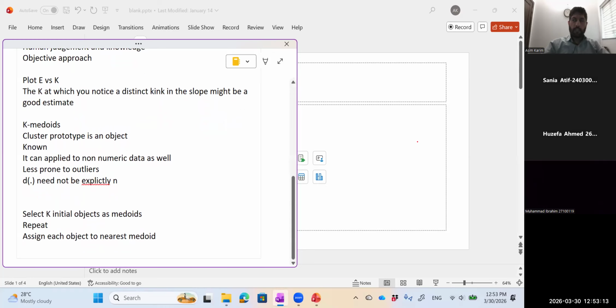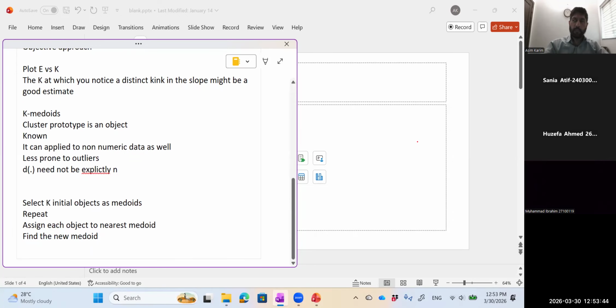So once you have assigned every object to the nearest medoid, you need to find the new medoid. So this is where you need to do an extra loop. ठीक है, वहां आपको previously you need to do just one computation, mean निकालना है. यहाँ आपने एक नया medoid ढूंढना है, which is, as we'll see, would take an extra loop और वो एक extra complexity डाल देता है. And rest of the algorithm is same. So and repeat basically until convergence.